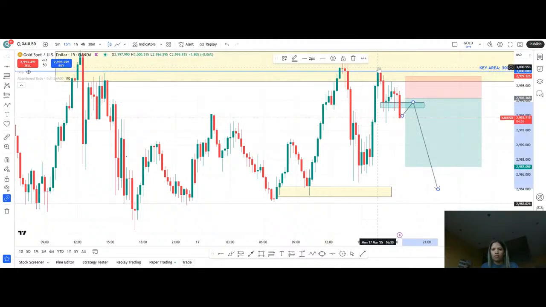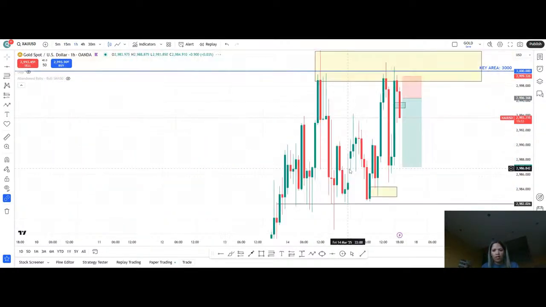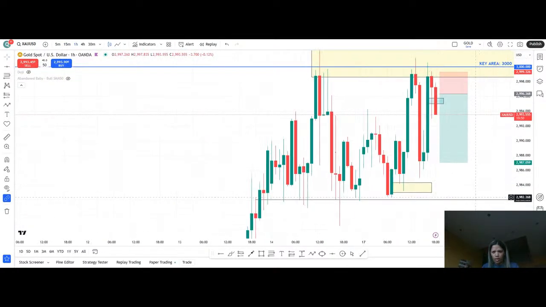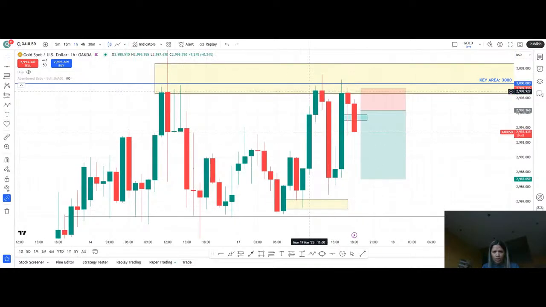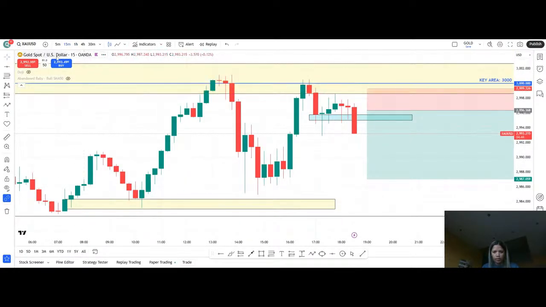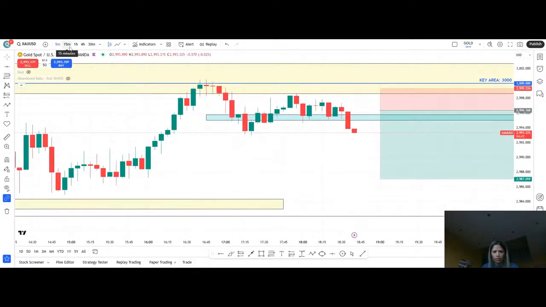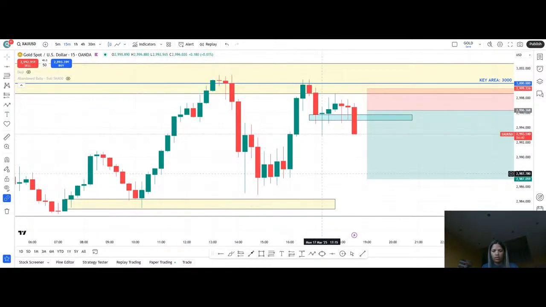So let's see. Maybe we can do a quick scalp because that's a strong bearish candle. It looks good. Yeah, let's wait for this candle to close and then we make our decision.